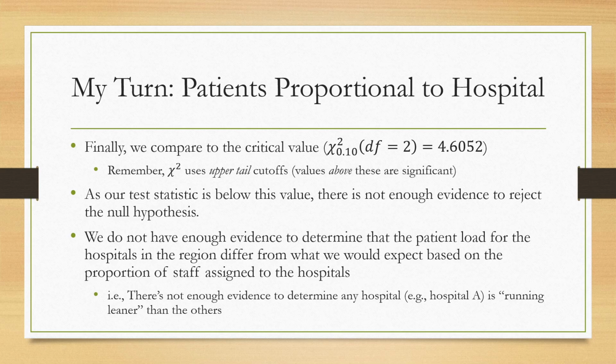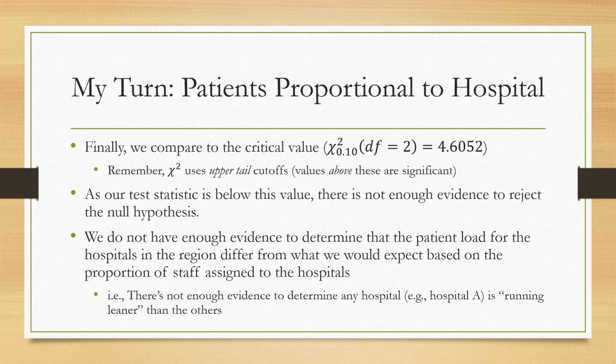So it's very important to present a story in a way that actually tells the story. Otherwise, it kind of feels like talking out of both sides of our mouth a little bit. If we start discussing how Hospital A was running a little bit leaner and then say, yeah, but our stats test says we don't have enough evidence to determine Hospital A is running a bit leaner.